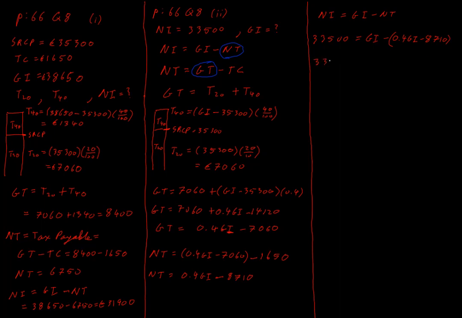So multiply out that bracket and I get GI, gross income, minus 0.4 times my gross income plus 8,710.